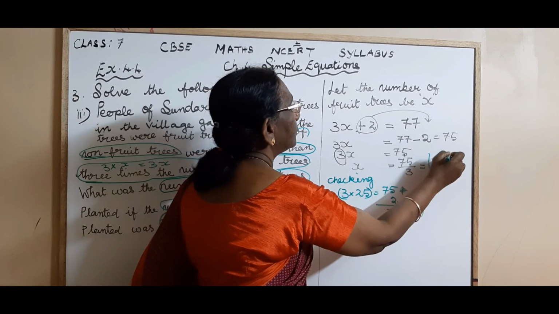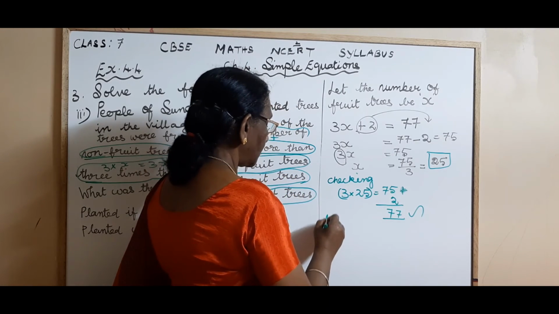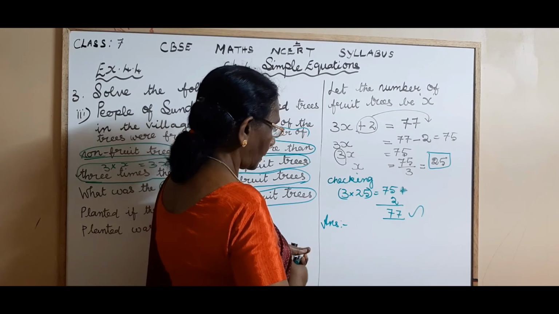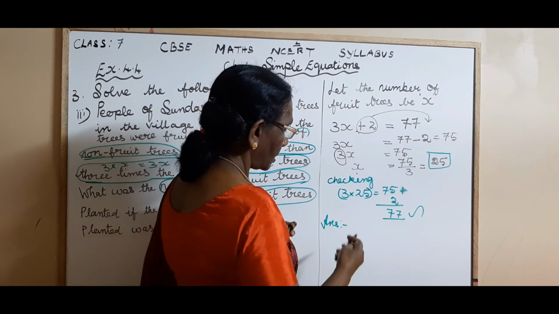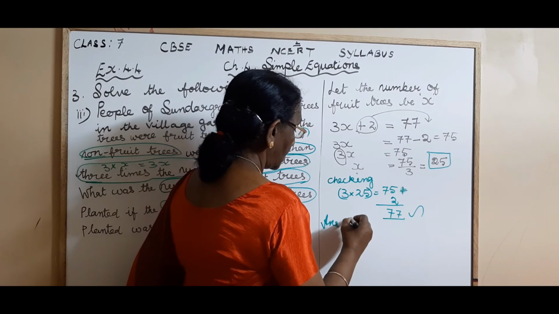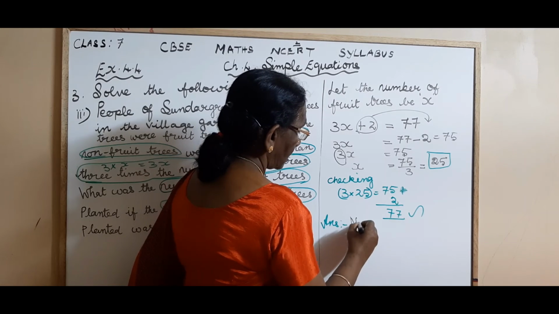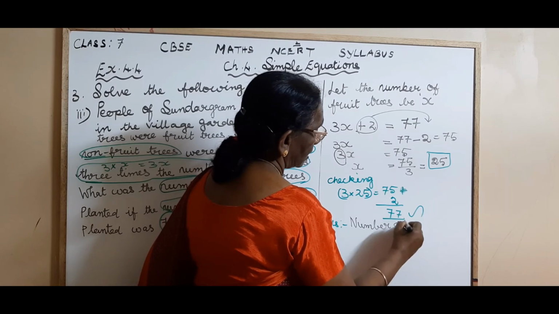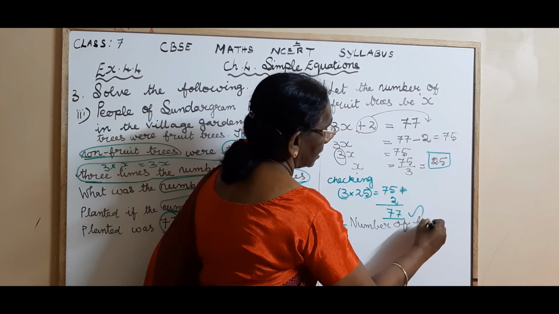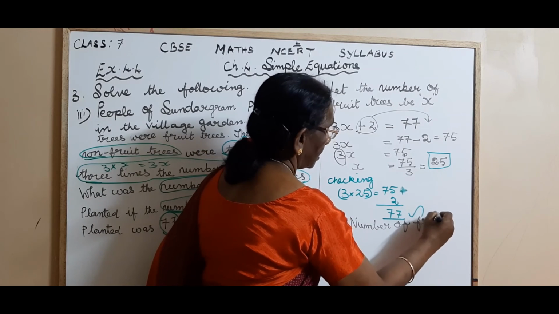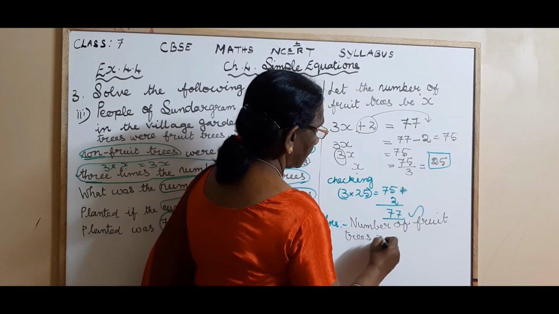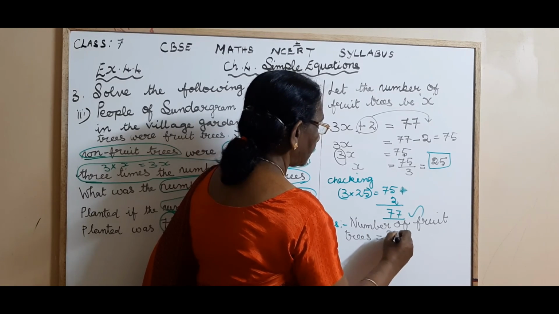This is the number of fruit trees. So the answer is equal to 25.